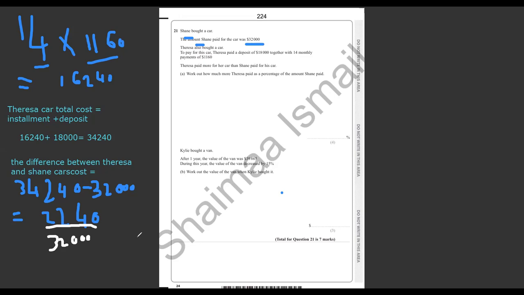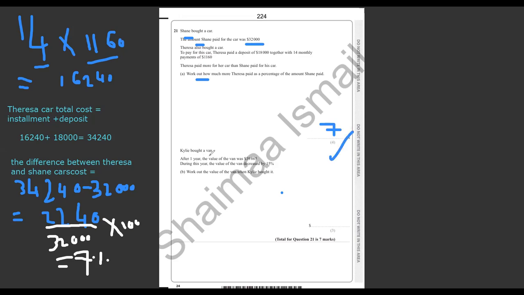So we have to multiply this by 100. So it will be 7%. Extra 7%. Teresa will pay 7% more. So work out how much more in percent. So it will be 7.